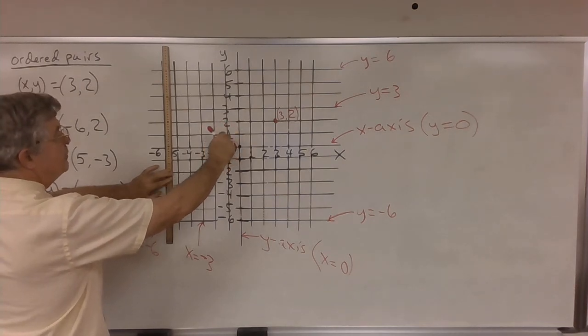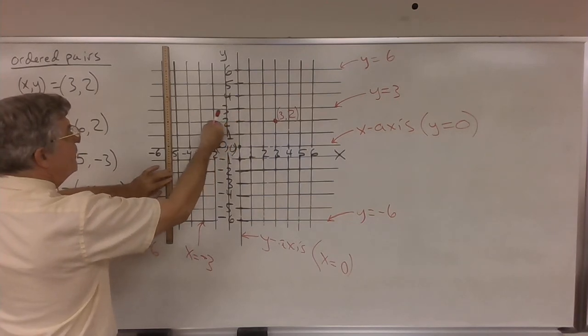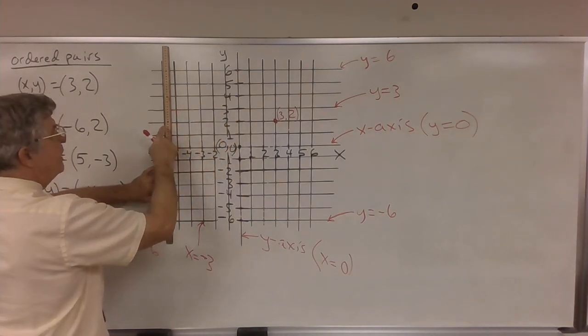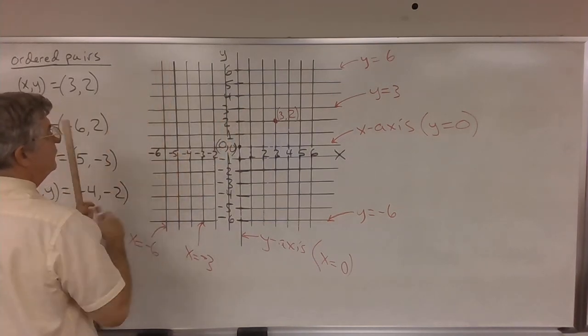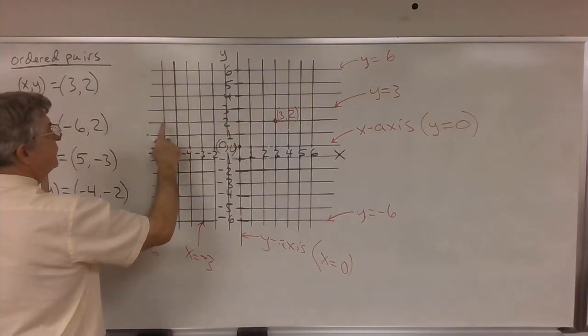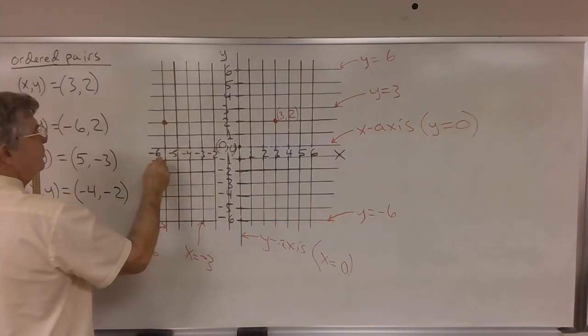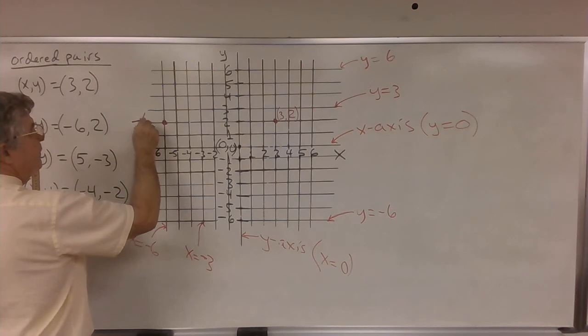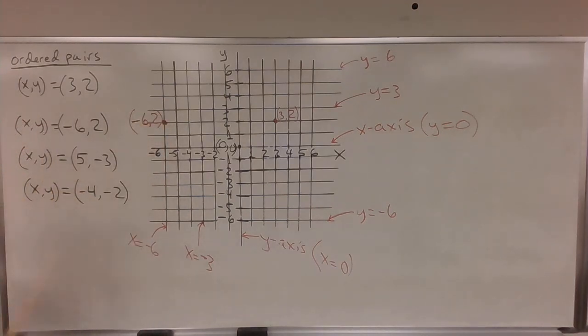So we go to the point y equal 2 on the y-axis and go horizontally until we meet the line x equals -6. So here's x equal -6, here's y equal 2, and there's the point -6, 2.